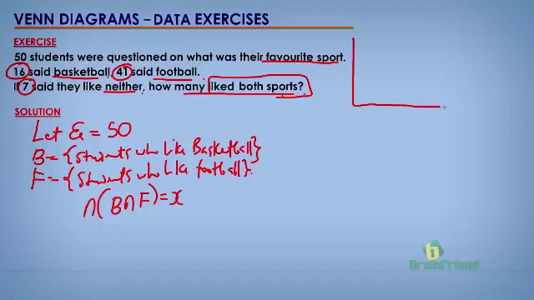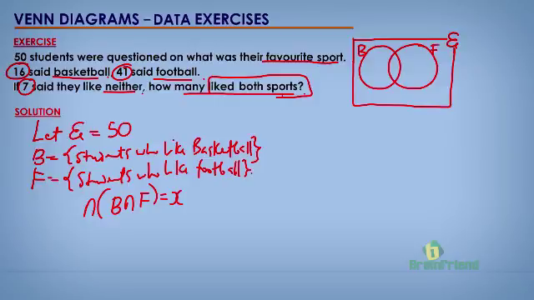So again, we draw a Venn diagram as a rectangle that is the universal set. Our rectangle contains our member sets B and F, represented as circles.